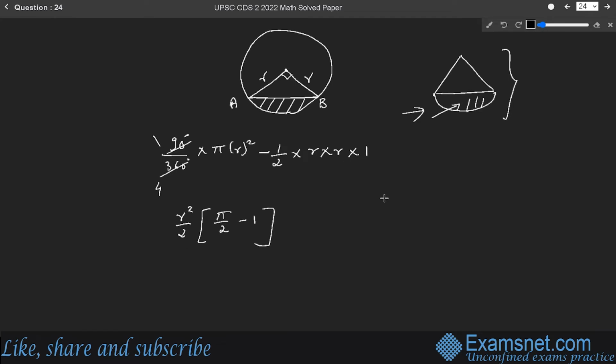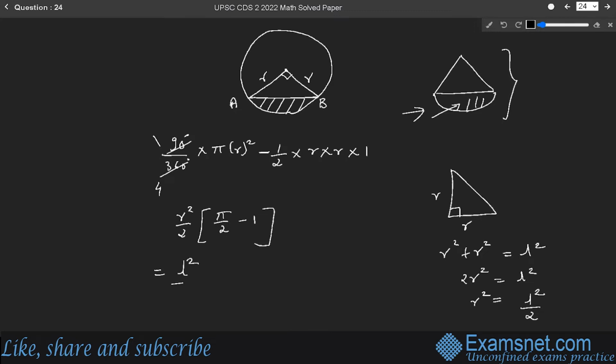You can see that by the Pythagoras theorem, this is the given triangle. This is 90 degree. This is R and this is R. So by Pythagoras theorem, r square plus r square is equal to L square. The length is already given in the question, which is L. So 2r square is equal to L square and r square is equal to L square by 2.